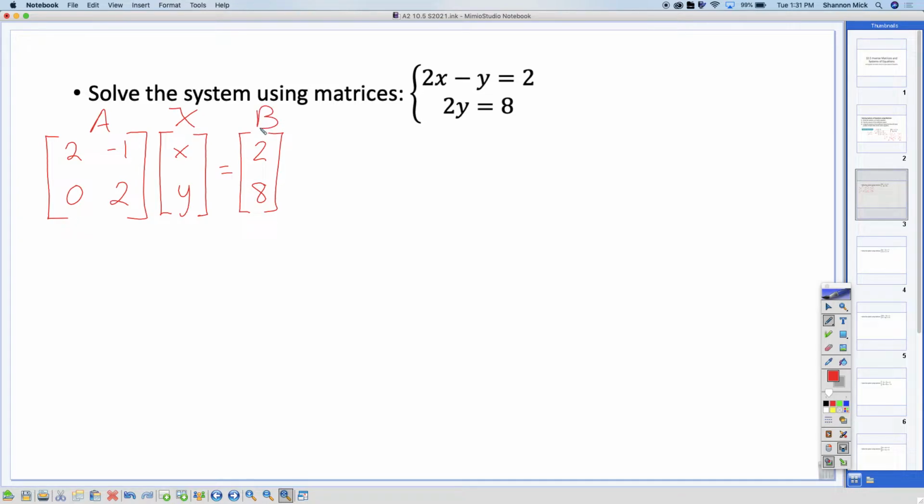So we need to find the inverse so we can go from here, right? In order to find the inverse, what do we have to find first? The determinant.